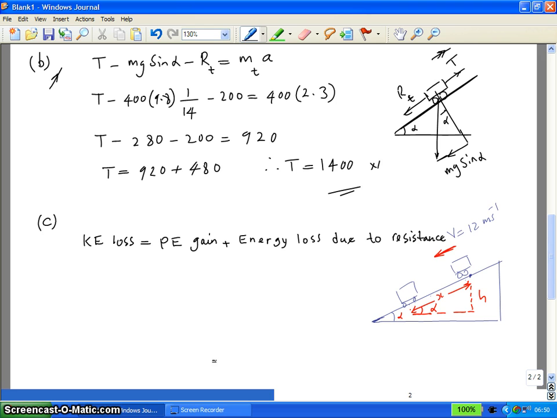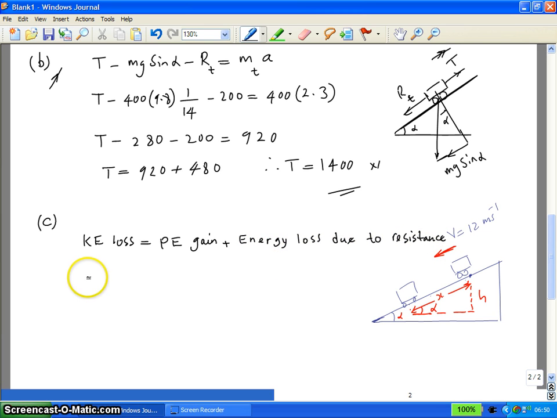Assuming that the trolley, after the rope breaks, travels a distance of x before it comes to rest, we can say, using conservation of energy, that the total kinetic energy lost is down to the potential energy gain plus the energy loss due to the air resistance.